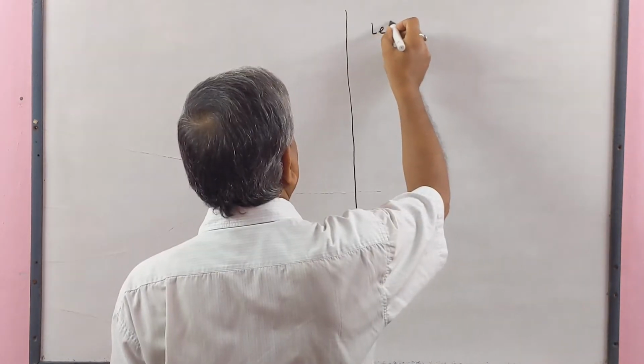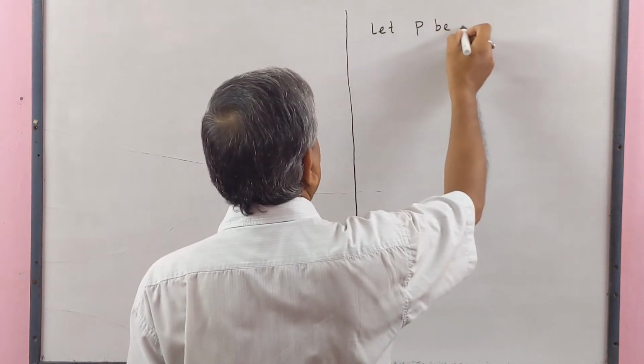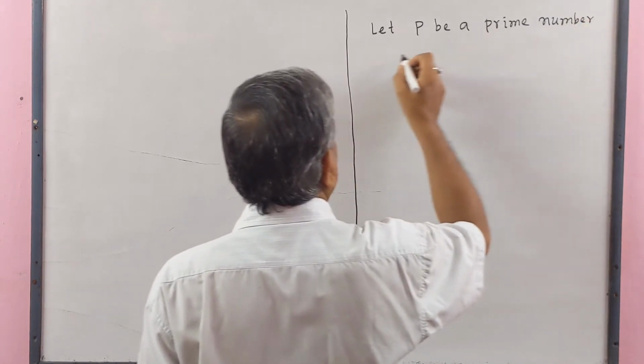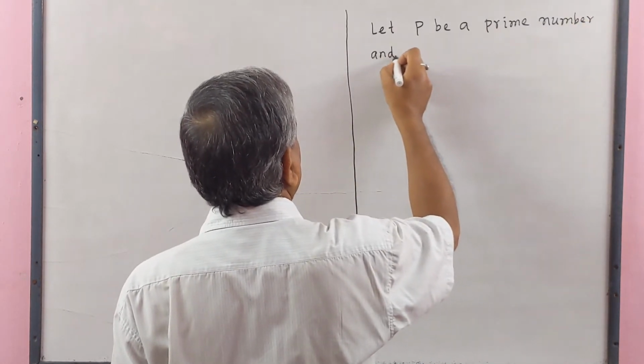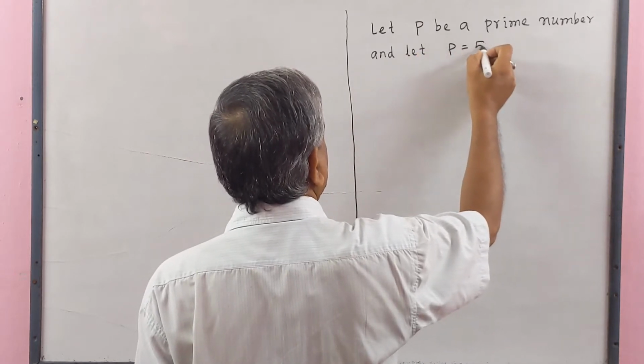Let P be a prime number and let P equal to 5.